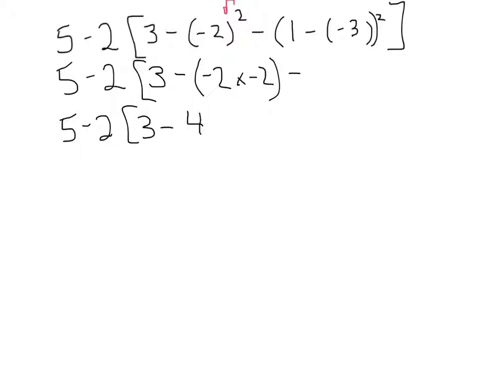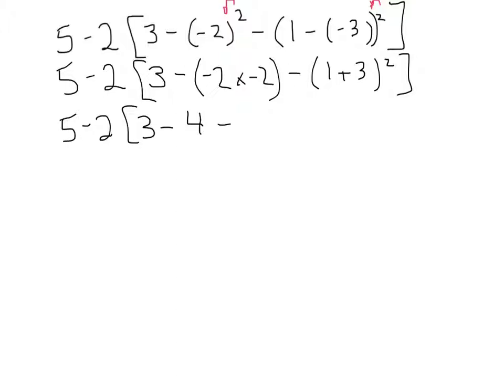And then we bring the other problems down, and we notice that the 2 is outside this parentheses here, and so the first thing that this 2 sees is that parentheses, and therefore we have to do what's inside that parentheses before we can square it. So this is 1 minus negative 3, which is the same as 1 plus 3. And we'll be squaring that in just a moment. So we have 3 minus negative 2 times negative 2, or 3 minus 4, minus now exponents and parentheses combined together to say do what's in the parentheses.